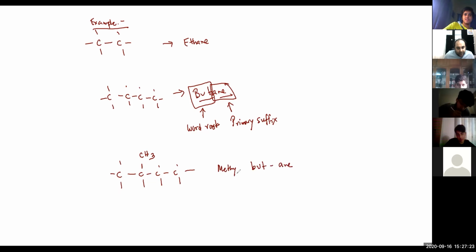So this is prefix, this is word root, this is primary suffix.